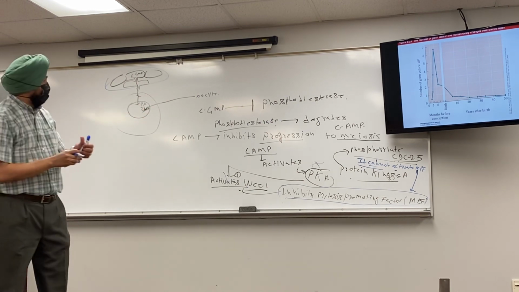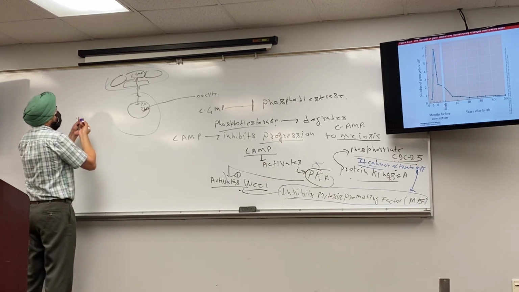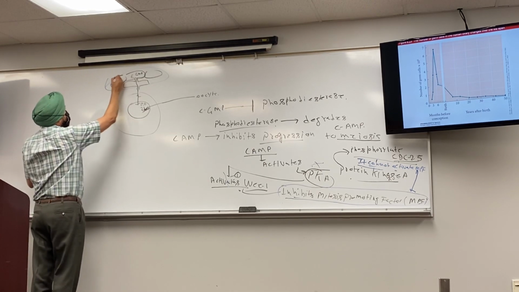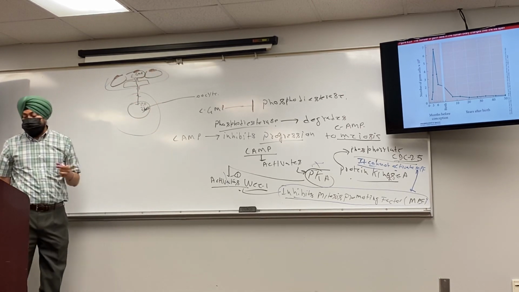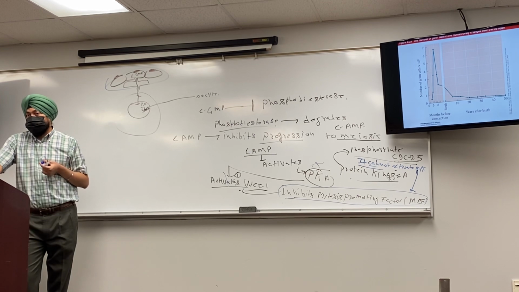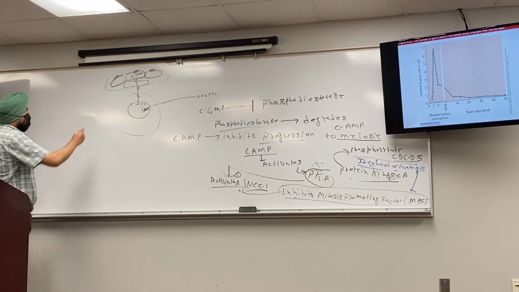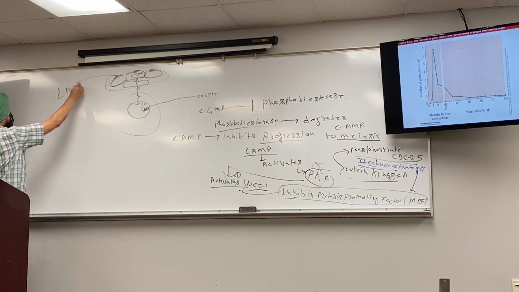And the second thing it was doing, it was making right here the receptors. What were those receptors? Luteinizing hormone receptors. So those are luteinizing hormone receptors.